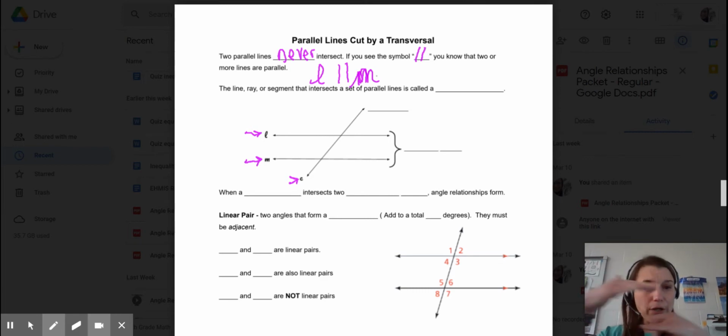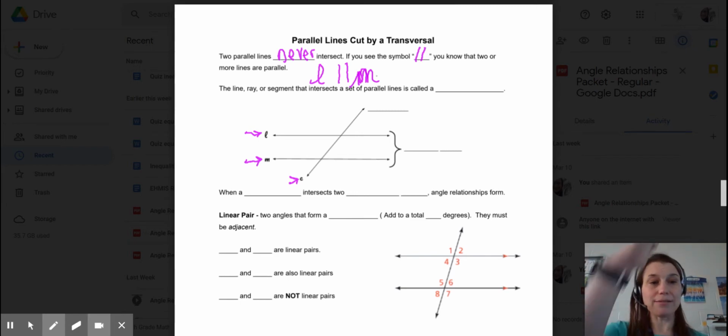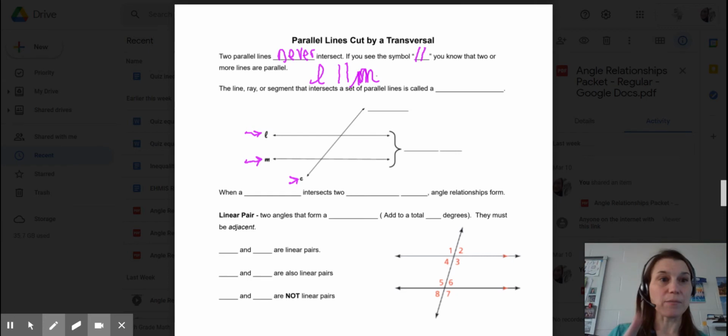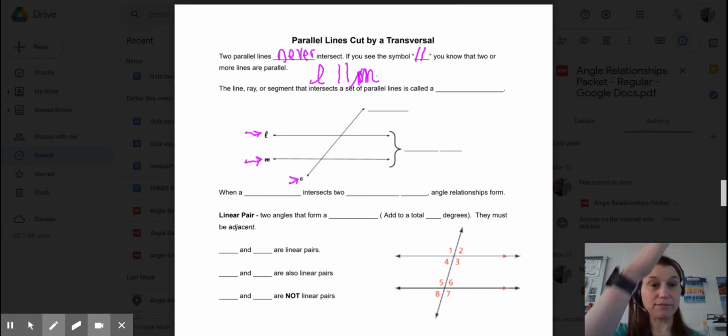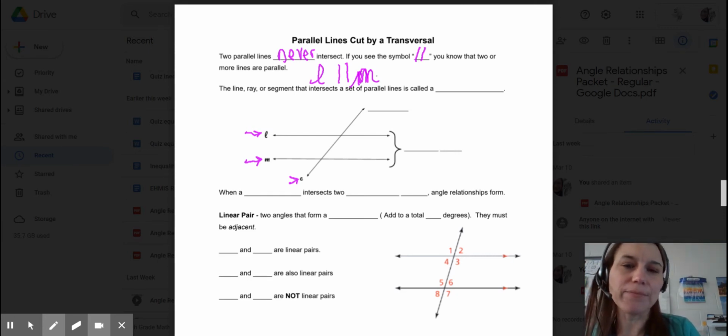So there's two lines that are going on forever and they're never intersecting. But then there comes another line. It comes along and it cuts through, intersects. So intersect meaning like crosses. So this line that crosses here, this is called line C. And if it intersects it, we're going to call it a transversal.